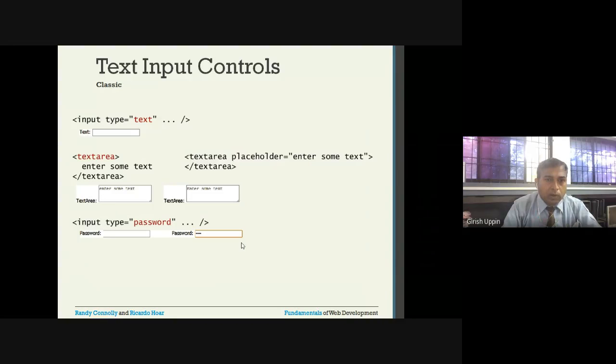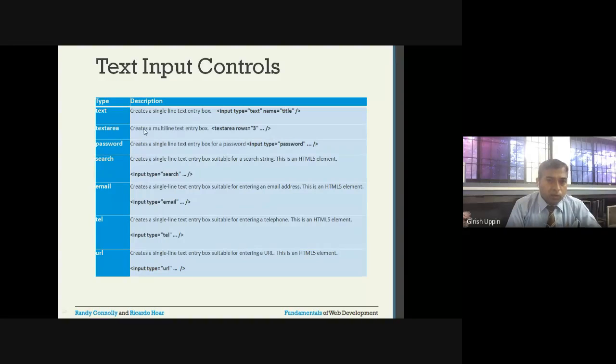We'll come across the example, so we'll just go through this part, and then we will see. So here I have text input controls. We'll go through all the examples, so it will go in an orderly fashion. So first one is a different type.